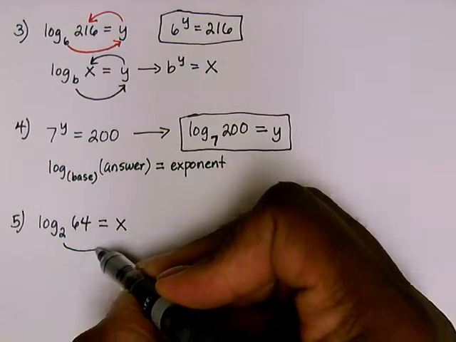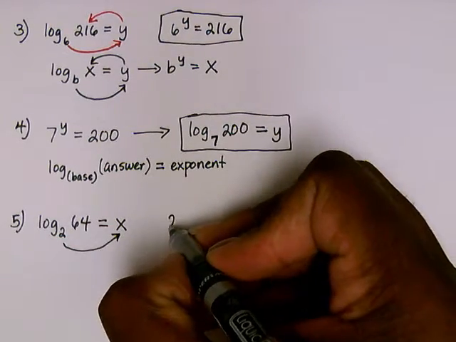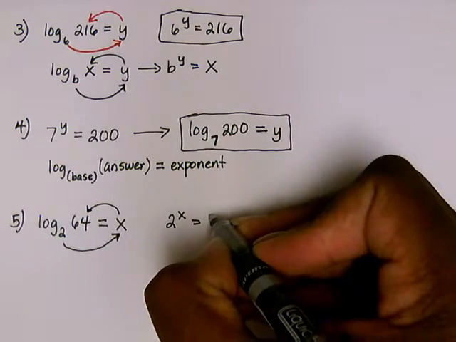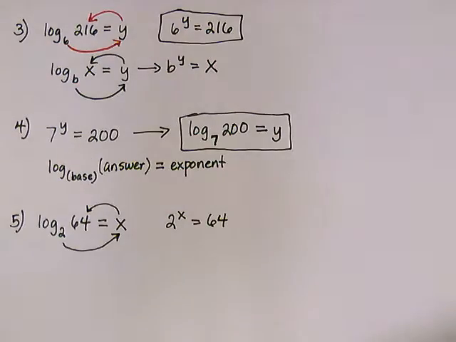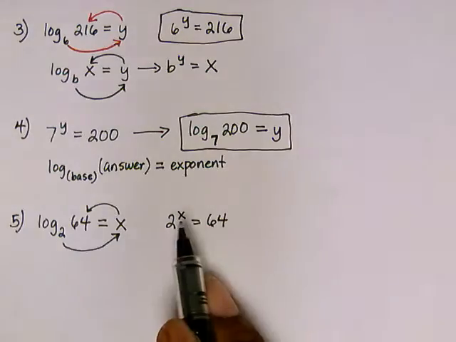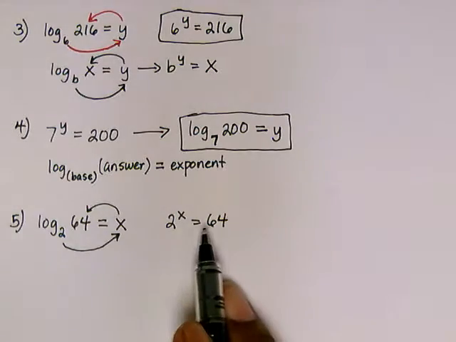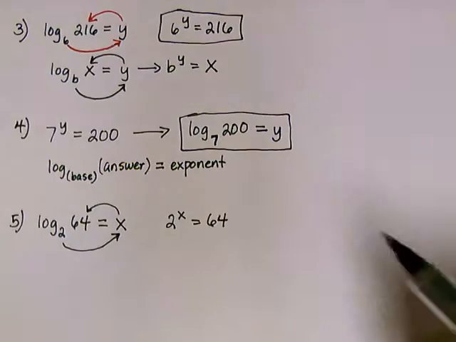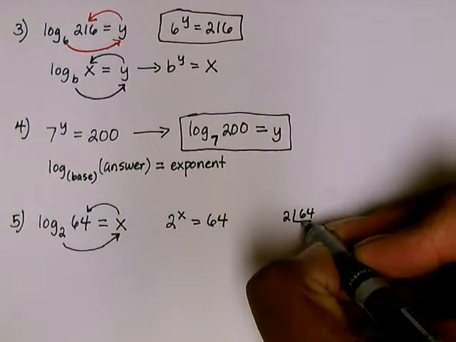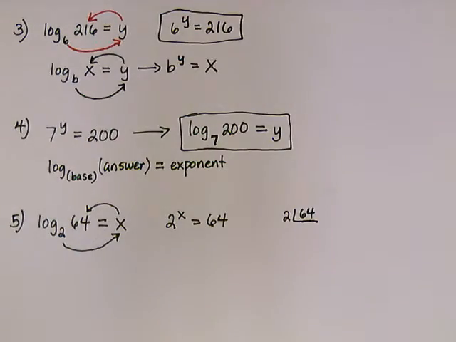So here this will be 2 to the x equal to 64. Now I'm going to write 64 in exponential form with a base of 2, because I know 64 is a multiple of 2. So let's start off by dividing 2 into 64, and keep dividing by 2 until we can't divide anymore.